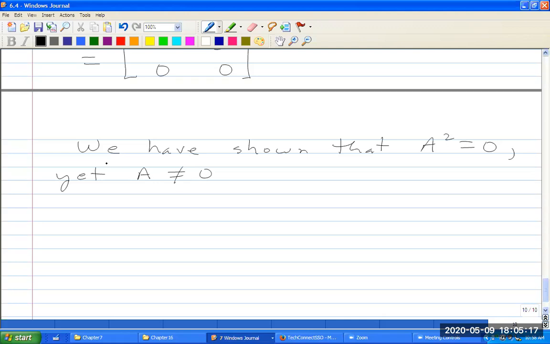So note in general, this is because the matrix was not invertible. And so this is because A was singular.